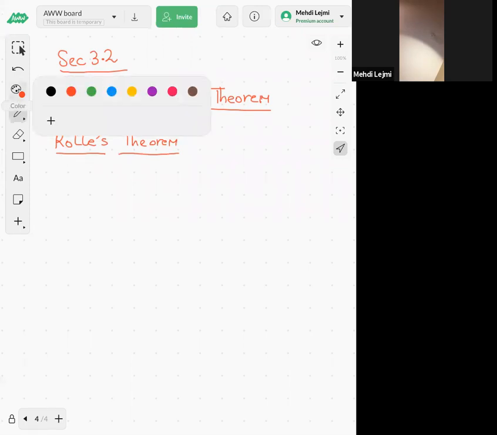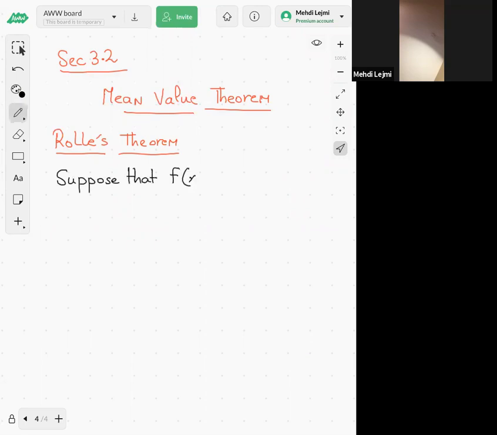Well, it says the following. So suppose that I have a continuous function, f of x is continuous on the interval AB. So this is actually kind of a consequence of our previous theorem, the theorem we used to find the global maximum and global minimum.